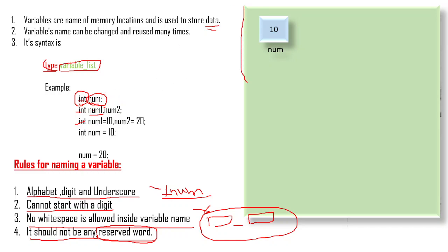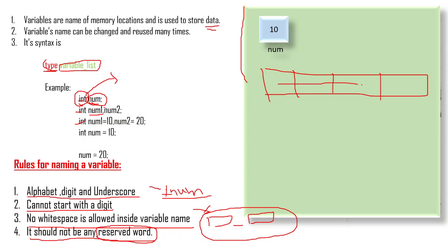Suppose integer is given 4 bytes, so in the memory 4 bytes of memory will be allocated for this particular variable num.